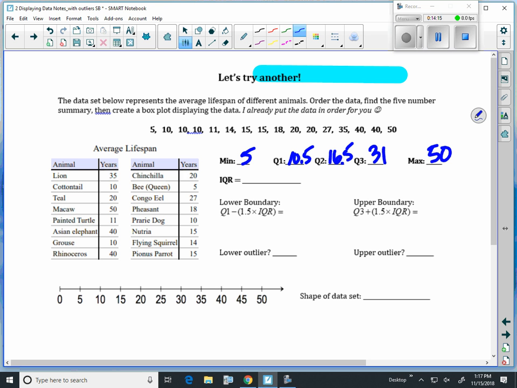Okay, how do we find IQR? 31 minus 10.5 is 20.5. Now I want you to find the lower boundary and the upper boundary. Do that right now.